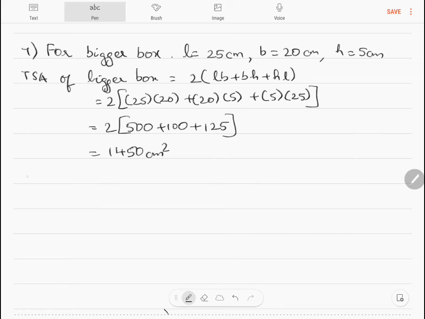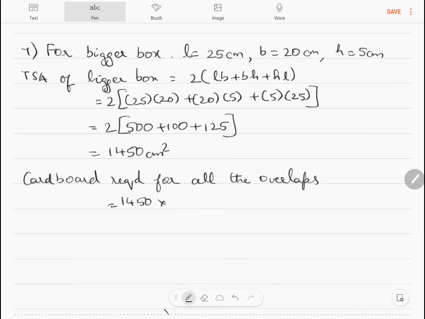So now here, the cardboard that is required for all the overlaps will be, this is given as 5% of this value, so it is 1450 into 5 by 100, which is 72.5 centimeter square.